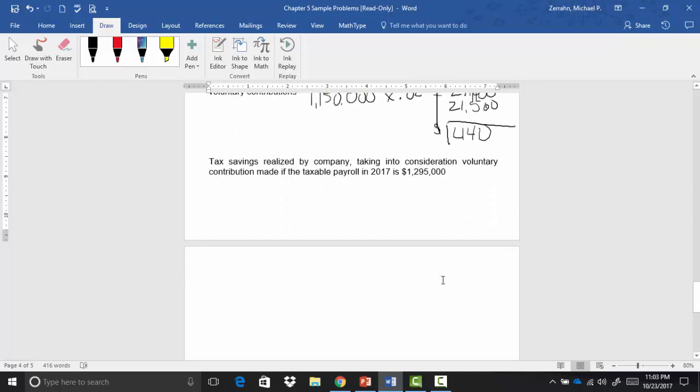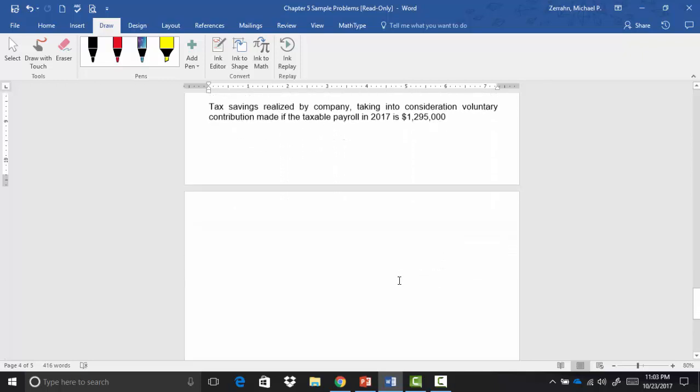And lastly, what's the tax savings realized by a company taking into consideration a voluntary contribution made, if taxable payroll in 2017 was $1,295,000? So our tax, $1,295,000 on our payroll. Without the contribution, we know it was 5.2%. So that's $67,340.